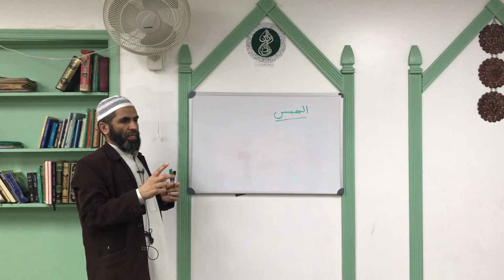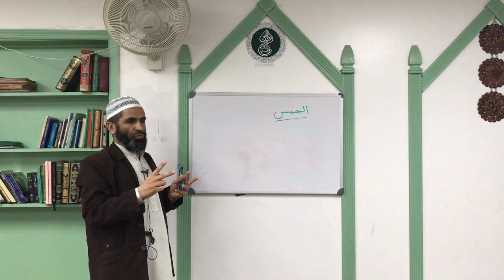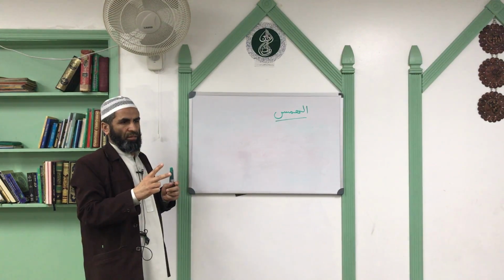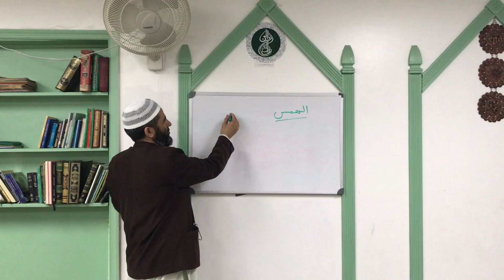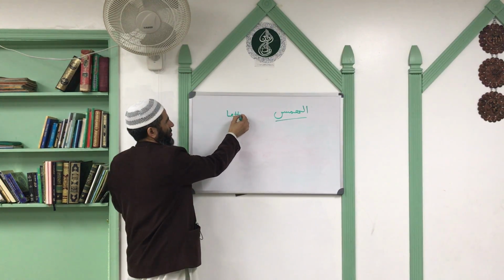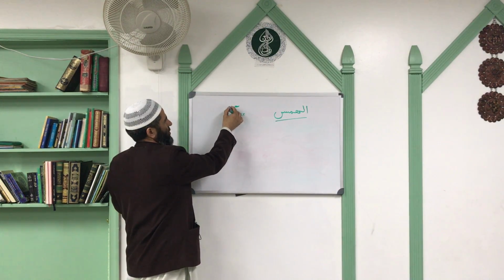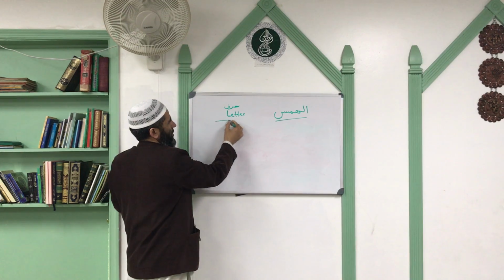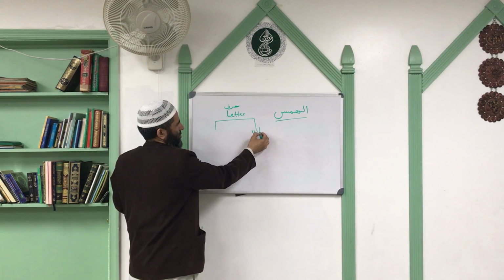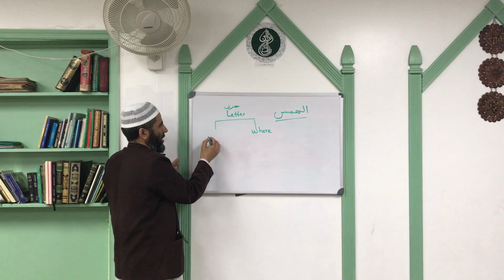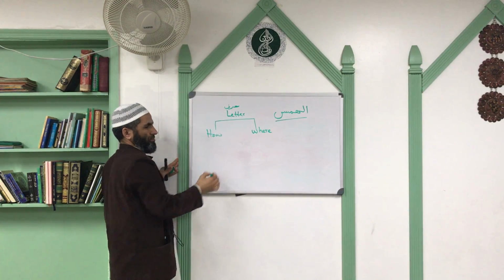Remember, we said each and every Arabic letter, every harf, has two main things to learn and know about. And that is where is it coming from and how is it pronounced.